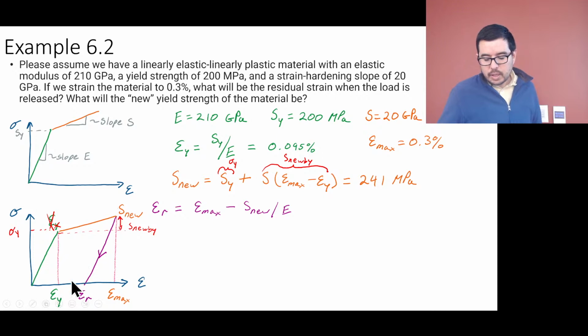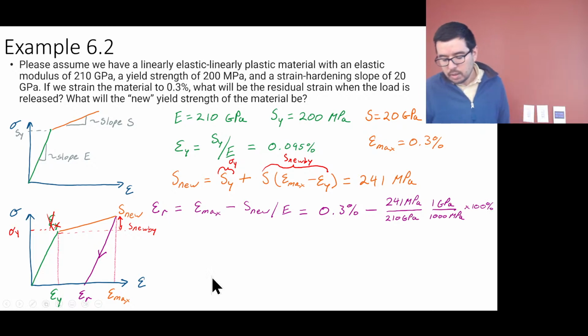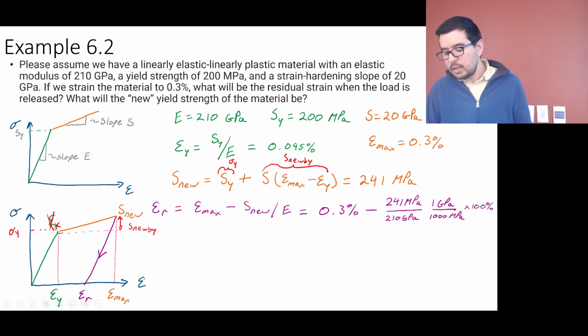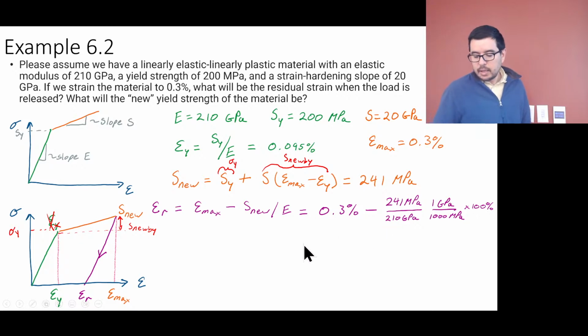That will give us the run. We know the rise, now we need the run. So we subtract that, and this epsilon max minus this will give us this length right there. We do that out, being careful with the units again, trying to get ourselves into percentage. And then we've got a final answer.